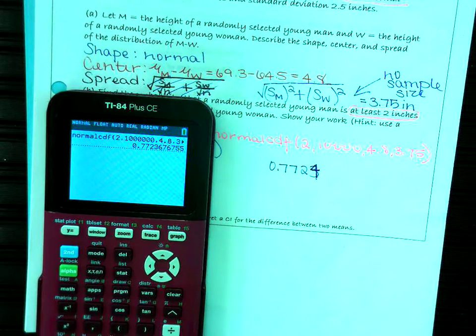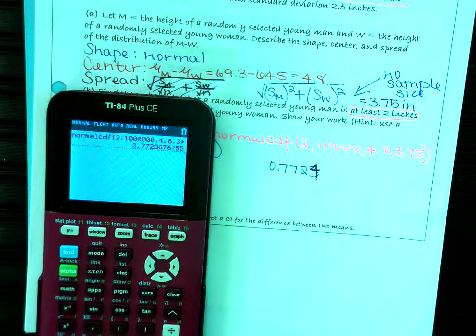Why wouldn't we use the standard deviation by just adding 2.8 and 2.5 together? Well, first of all, remember, I want to say it was chapter 6 when we talked about random variables and binomial variables and geometric variables.